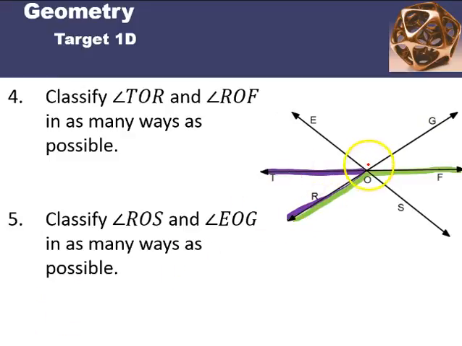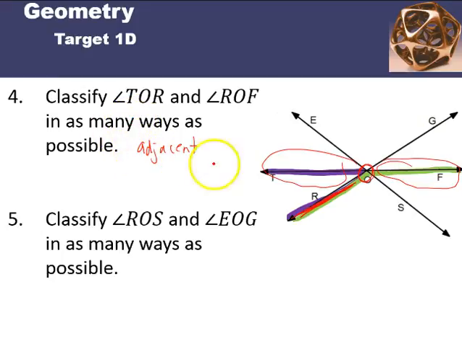Alright, so it looks like right here they have that common vertex, and they have right here the shared side. So since they have a common vertex and a shared side, they are definitely adjacent. Now since these non-opposite sides, this side and this side, make a straight angle, then that means the non-common sides are opposite rays.